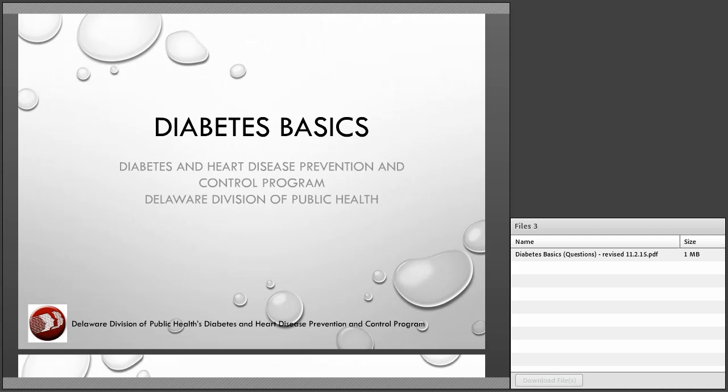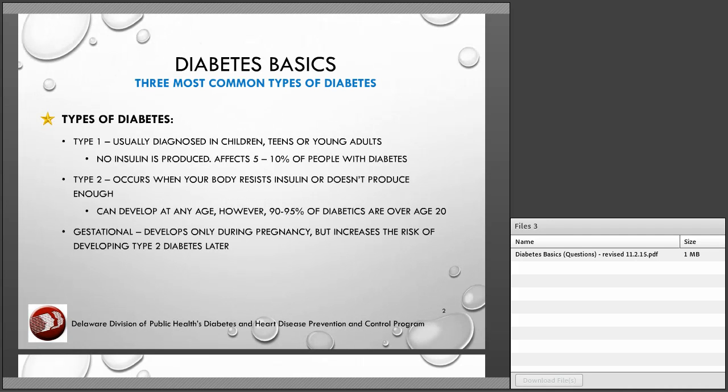So today we're going to talk about diabetes basics, and we're going to start with the 3 common types of diabetes. Type 1 is usually diagnosed in children, teens, or young adults. It's a type of diabetes where no insulin is produced by the body, and insulin must be given in order to sustain life, and this affects about 5 to 10% of the people with diabetes.